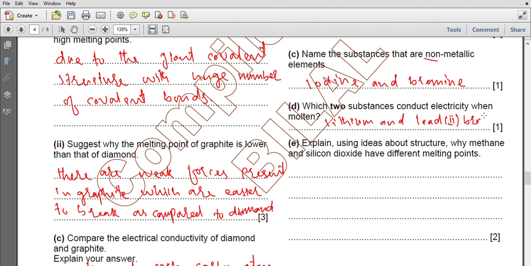E part is, explain using ideas about structure why methane and silicon dioxide have different melting points.